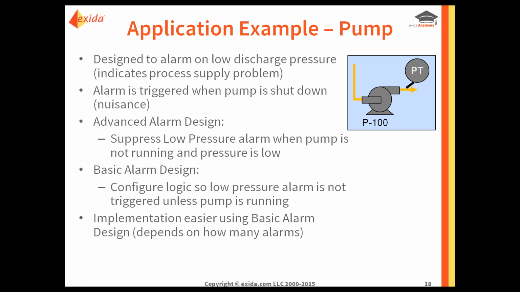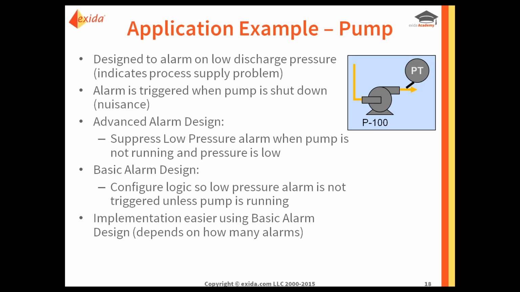As you can probably imagine, any time that the pump is shut off, whether on purpose or not, you're going to get the low discharge pressure. So those are tied together. Certainly turning off the pump, if that's intended, shouldn't result in a low discharge pressure alarm, because that's consequential. That becomes a nuisance alarm in that scenario.